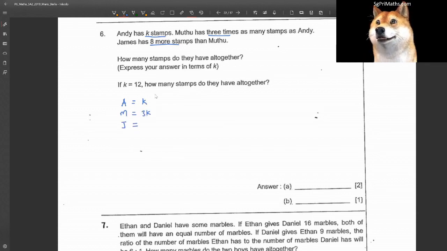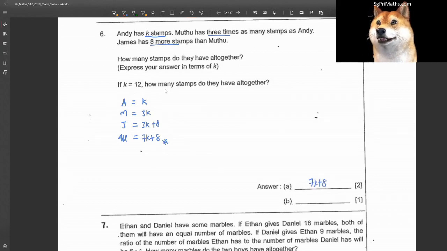James has 8 more stamps than Muthu, so James has 3K plus 8. So altogether it equals K plus 3K plus 3K, you get 7K, then plus 8.